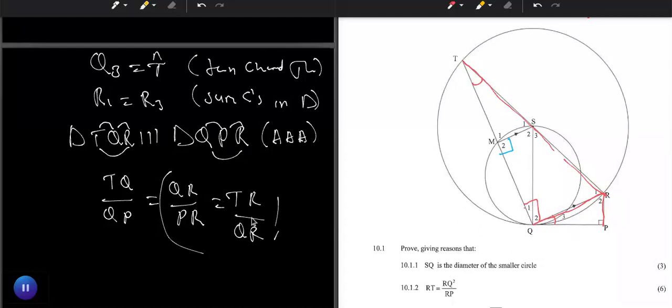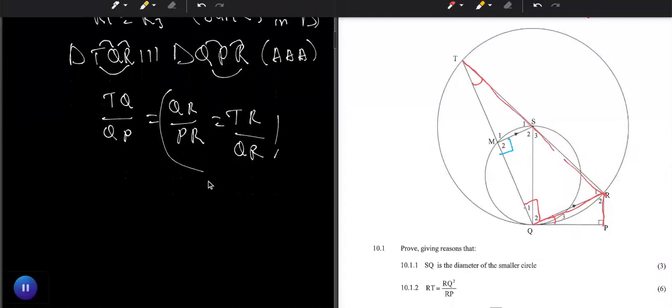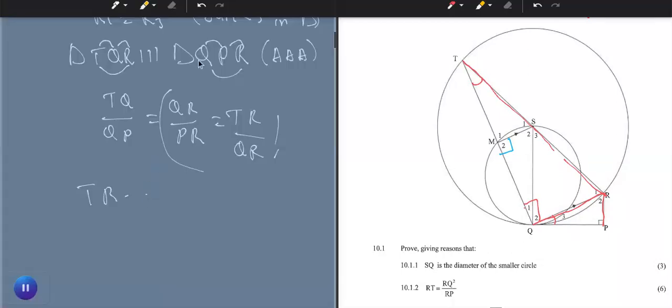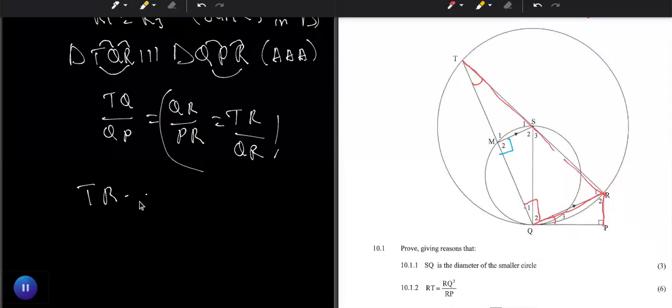Okay, and I'm just going to cross multiply, and when you cross multiply, you're going to find that TR times your PR is equal to this.